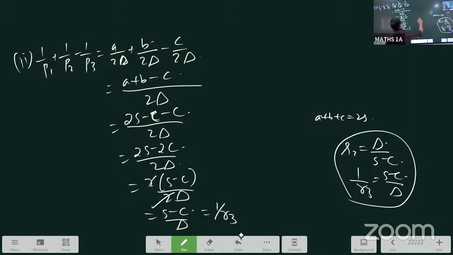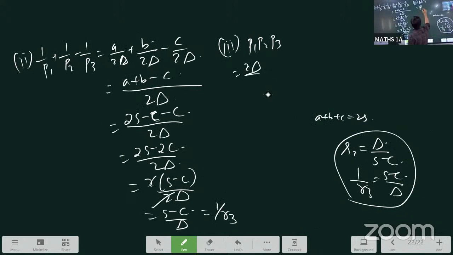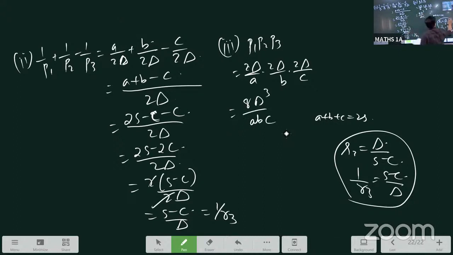What is the third bit asking? p1 p2 p3. What is your p1? 2 delta by a, 2 delta by b, 2 delta by c. 8 delta cube by abc. See, you got one of your results. Now, delta I can write as abc by 4R, another formula.